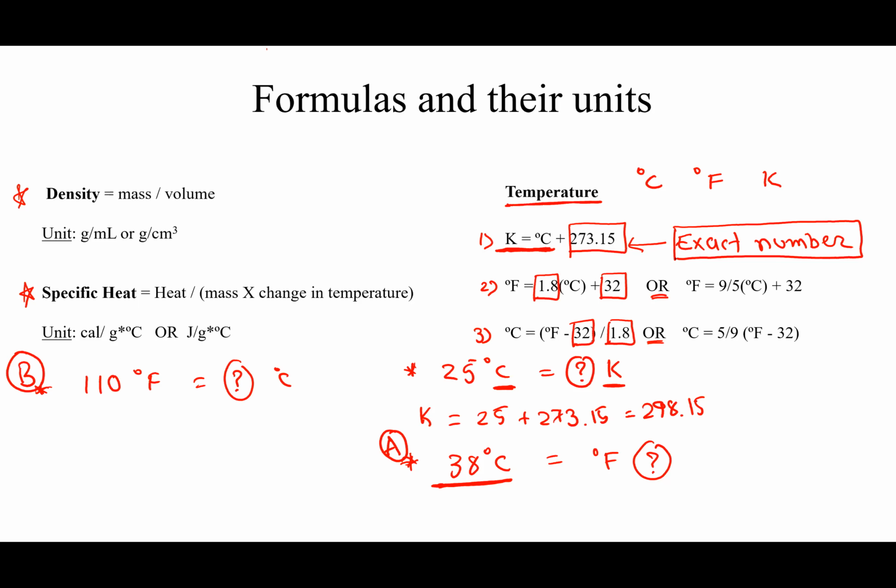It is important, but it's not something we should spend time on at the moment, so I did not go into detail. But at least I'm telling you that any number like this in this formula, 1.8, 32, 1.8, and 273.15, all of these are considered exact numbers. They are constant numbers.